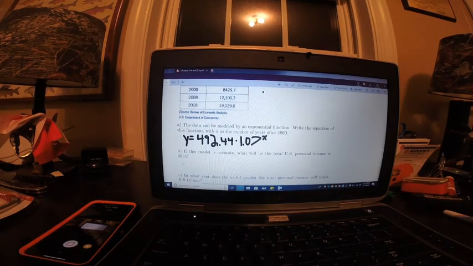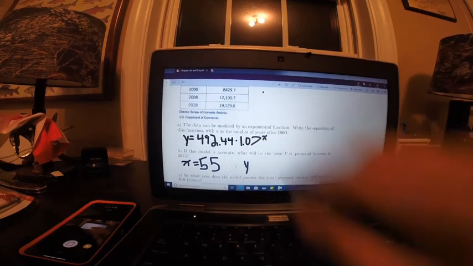So the x that we're going to use for this one, remember this isn't our x answer, should be 55. Now, what we need to find is our y.